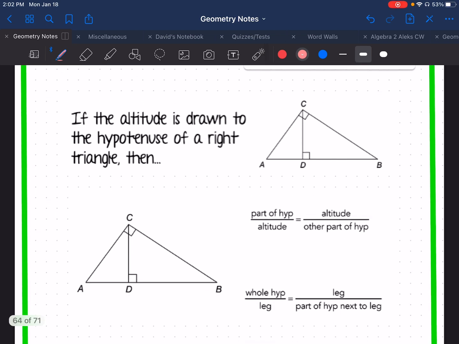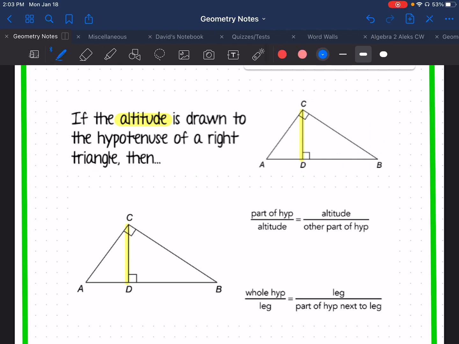If the altitude is drawn in to the hypotenuse of a right triangle, then, look at my picture. From C to D would be my altitude. In both of my pictures that you see here, C to D would be my altitude.